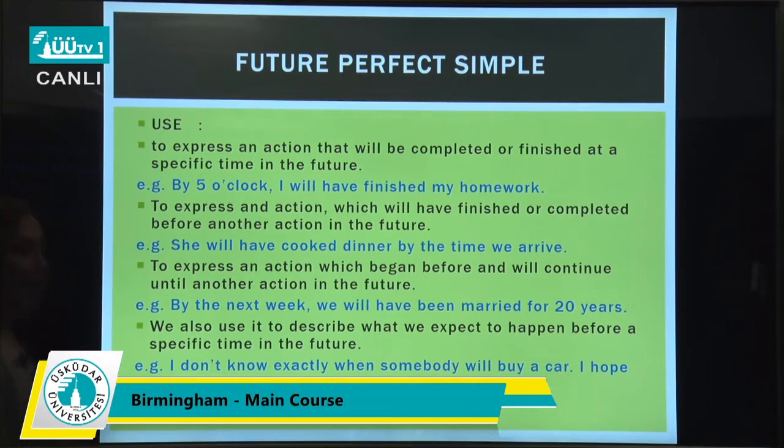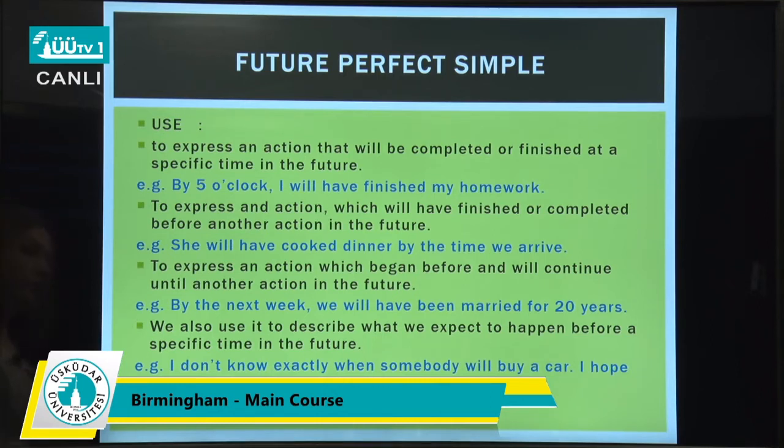To express an action which began before and will continue until another action in the future. By the next week, we will have been married for 20 years. So we know that this began in the past and continued up to now and will continue in future, and we are talking about the duration of that from past until future.